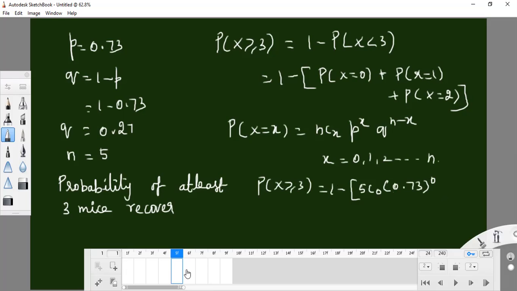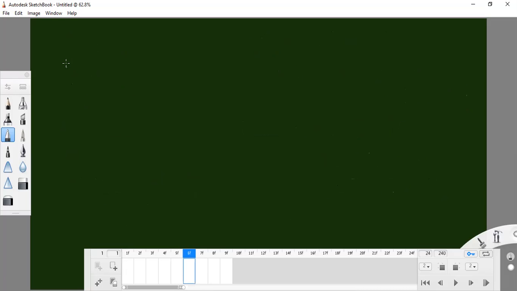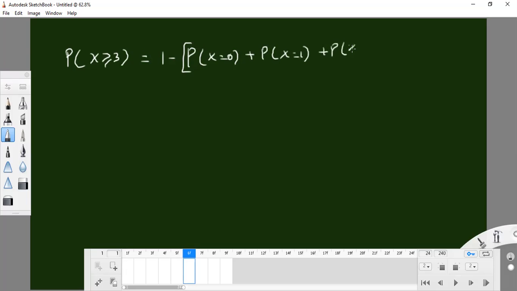See here, P(x ≥ 3) equals 1 minus [P(x = 0) + P(x = 1) + P(x = 2)].